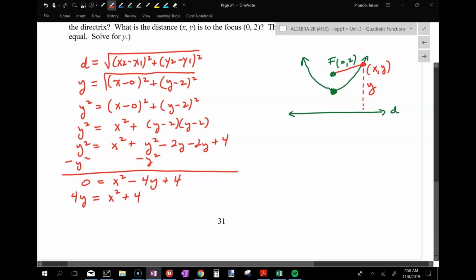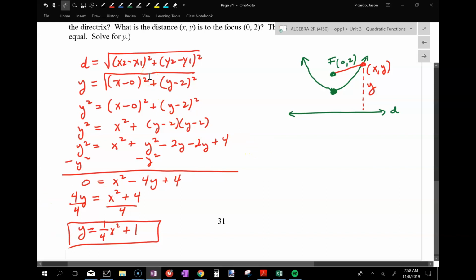And then to solve for y, all I have to do is divide by 4. And when I divide by 4, that gives me y equals 1/4 x squared. And what's 4 divided by 4? 1. And that's the equation of a parabola.